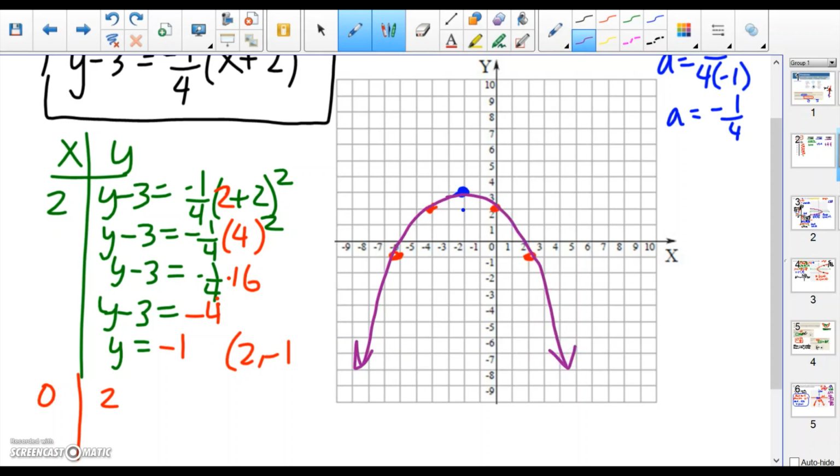That's our parabola with focus at -2, 2. Give the domain and the range. The domain, the x numbers, looks like all real numbers. And the range is going from -infinity up to +3 inclusive.